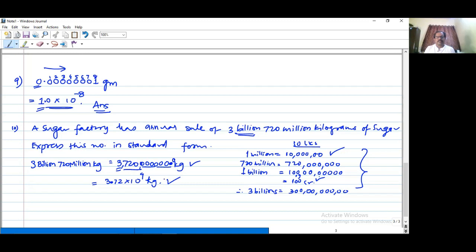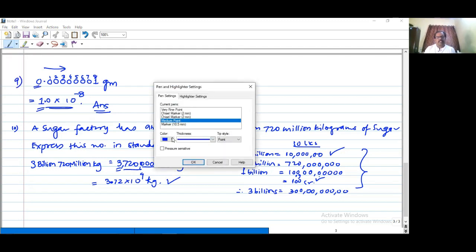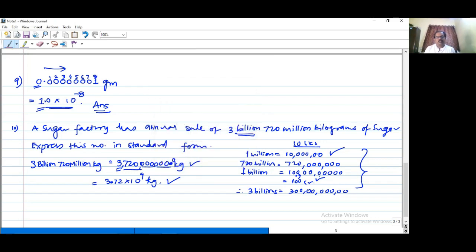It will be 3,720,000,000.0 kg like this. Now we are moving this decimal from right to left. How many places are we moving it? You can check: 1, 2, 3, 4, 5, 6, 7, 8, and 9. So we are moving our decimal to the left by 9 places, which means we should multiply 3.72 by 10 to the power 9, right?